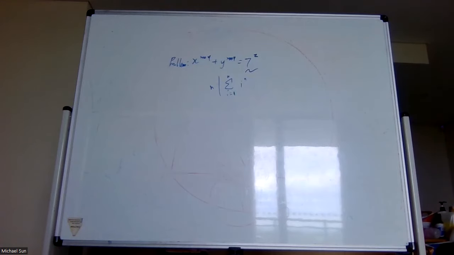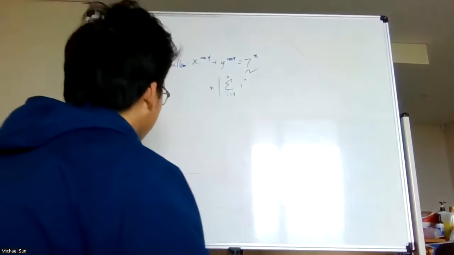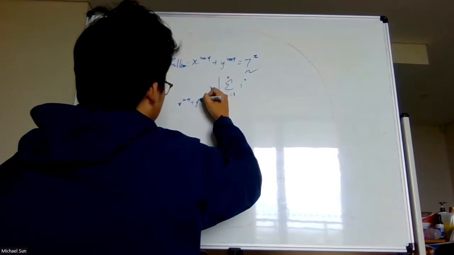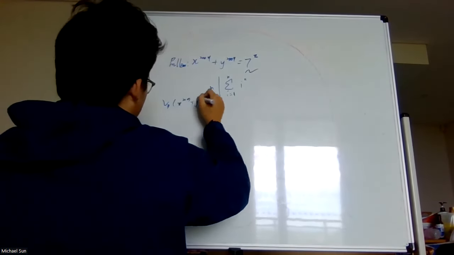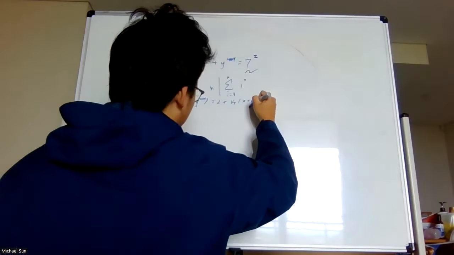So that's where you look at it: if you just factorize it straight away, can you perhaps bound the size of x or y, or bound the size of x plus y? I'll just write this. x^2009 plus y^2009, right? v7 of this is equal to 2 plus v7 of x plus y.